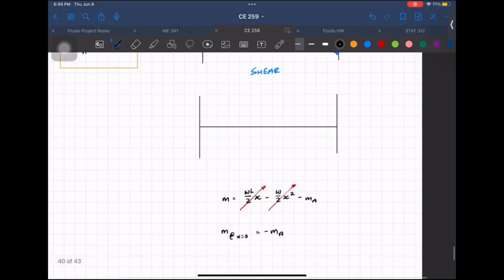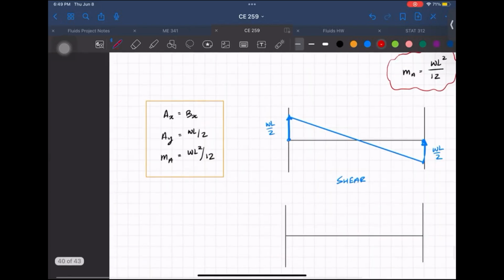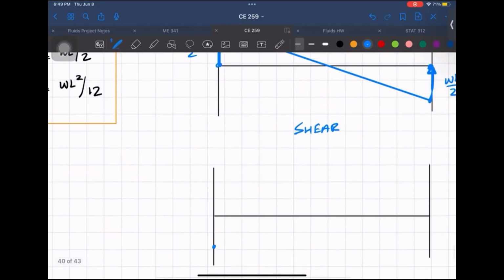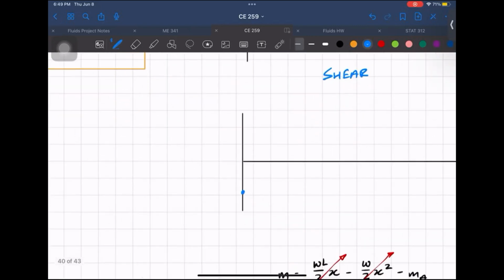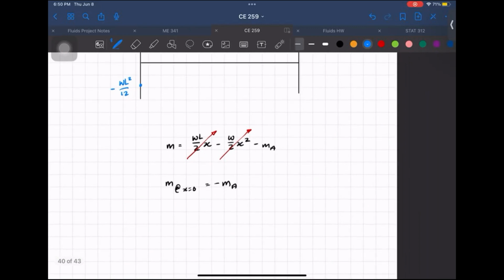Now we already found out that MA is WL squared over 12. So that means that in the moment diagram, we will be starting at negative WL squared over 12. We would be starting at the bottom just because of what this expression is telling us.